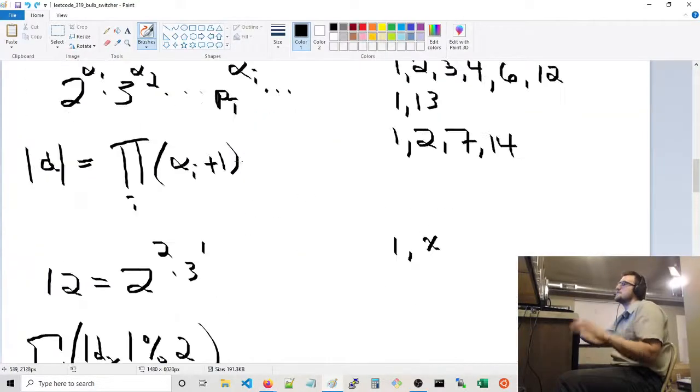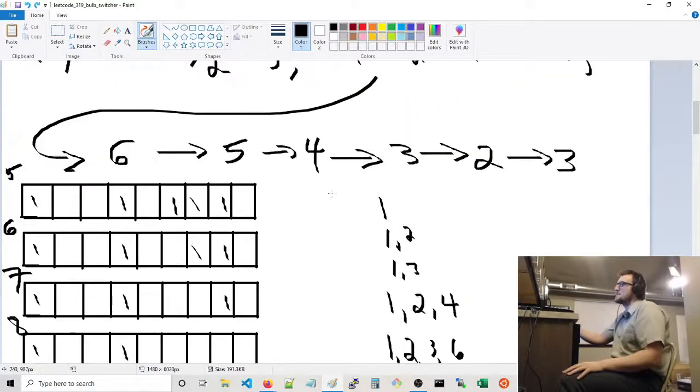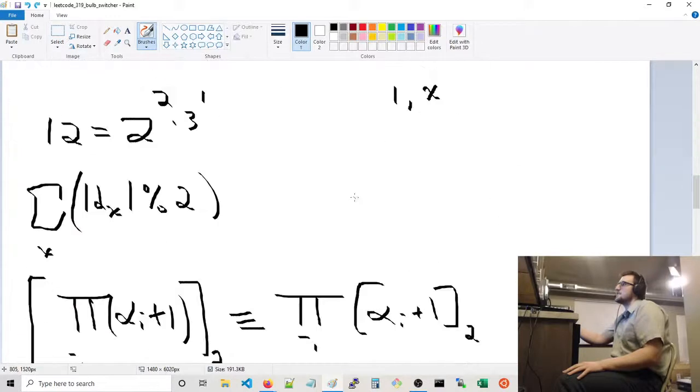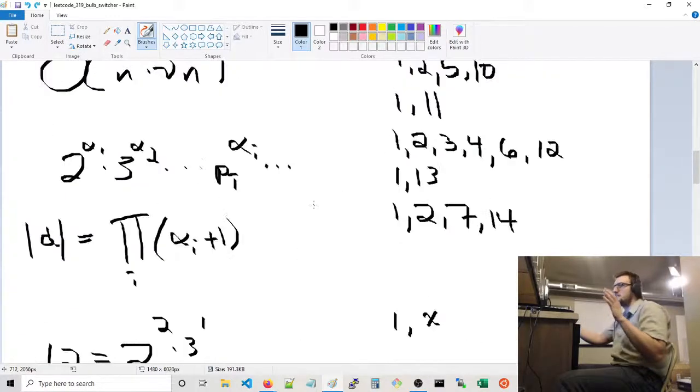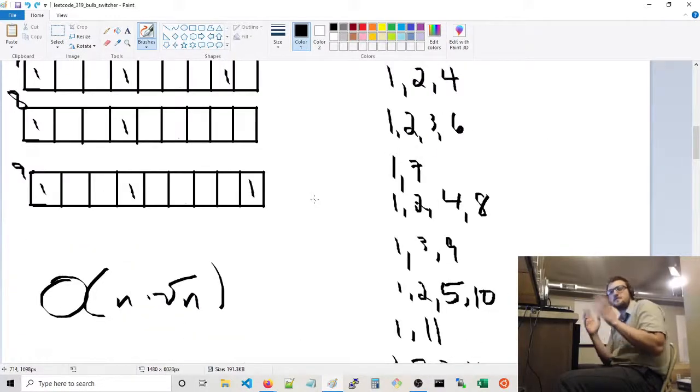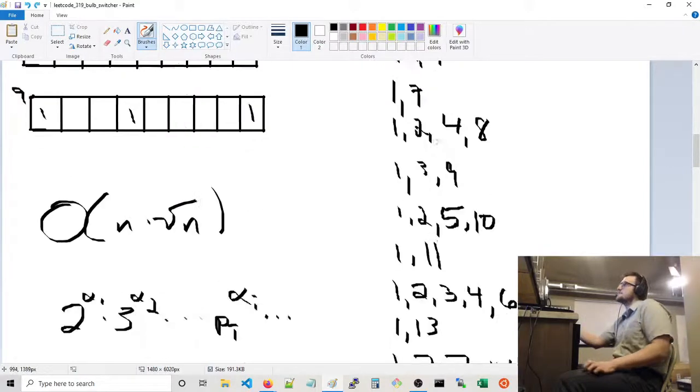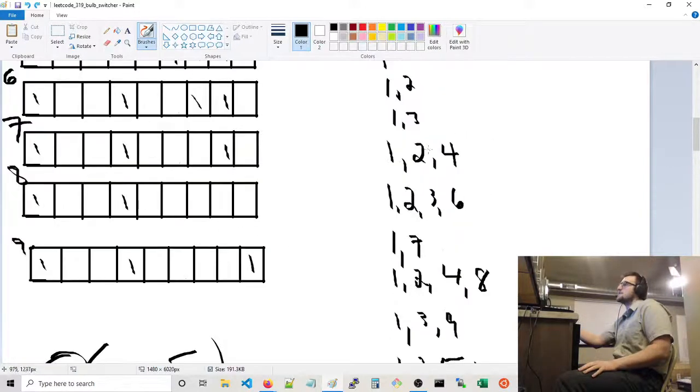By the way, the explanation is really simple. You're counting the numbers between 1 and n inclusive that have an odd number of divisors. If you look at these numbers, you realize the odd ones seem to be the perfect squares.